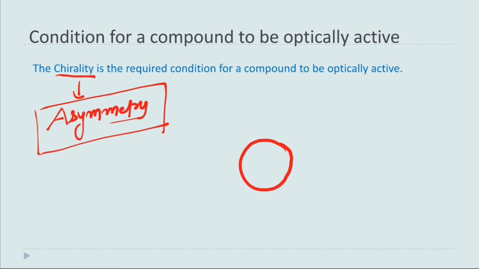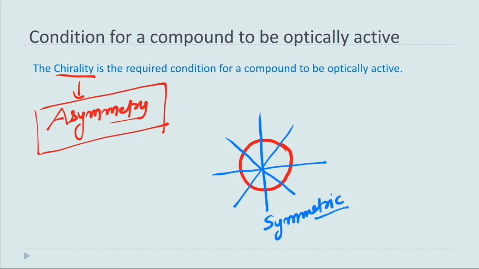Can we dissect it into two equal parts or two equal halves? Yes, we can. We can dissect it like this, like this, like this, or there are so many planes we can apply on this circle. That means this circle is symmetric, because a lot of planes of symmetry are present in this circle.